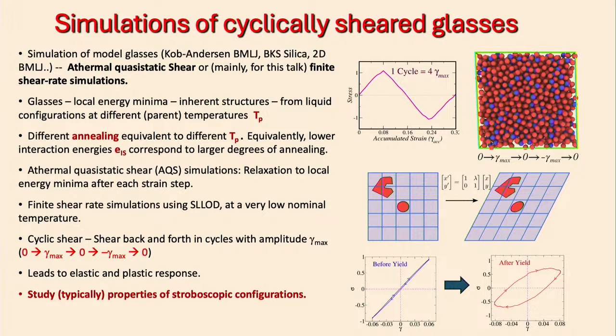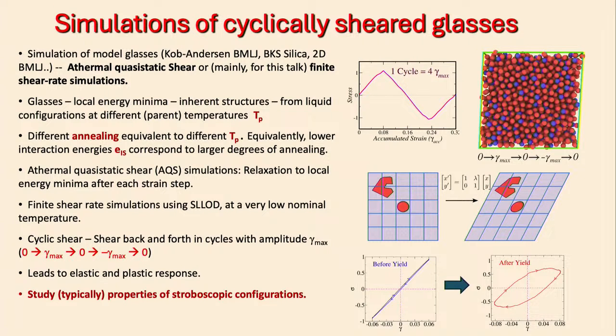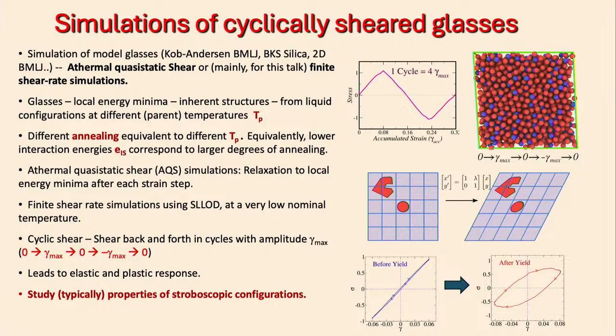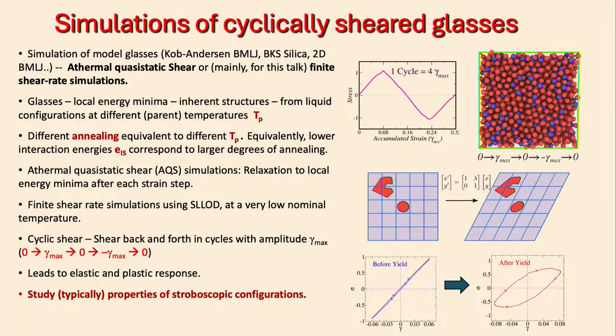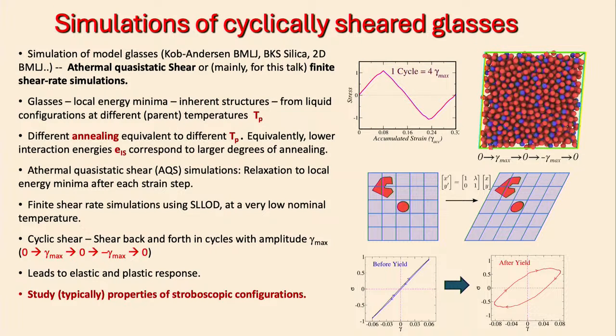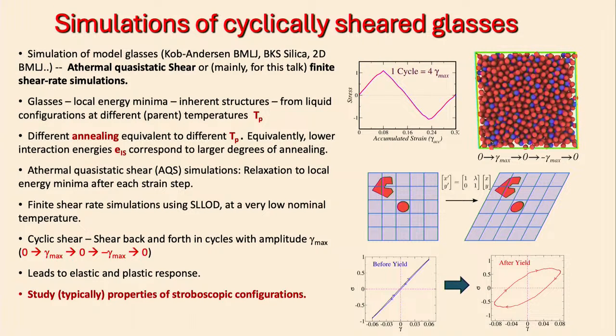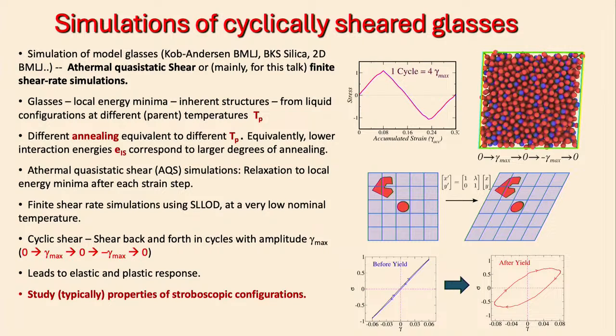And in each case, we typically look at the properties of the system at the end of each cycle. And because there are plastic rearrangements, the properties of the system change from one cycle to the next, okay, till some steady state is reached.